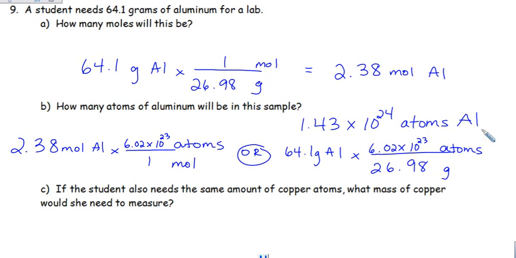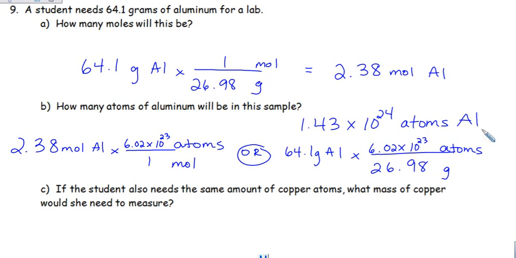Cool. Now here's the part I love. When we do chemical reactions, atoms and molecules react at a very specific ratio. So for this particular reaction, let's say it's a 1-to-1 ratio. For every atom of copper, I need 1 atom of aluminum.